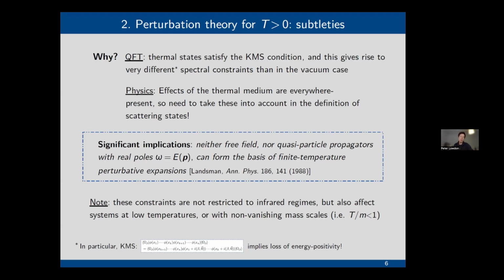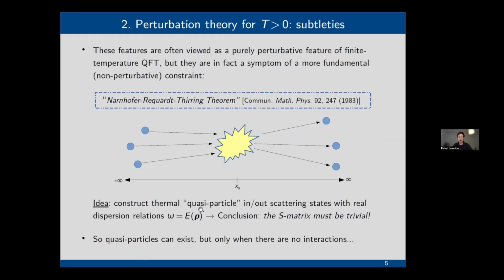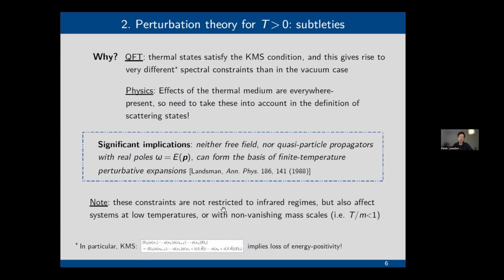You get a width, and that leads to imaginary parts in the singularities of your propagators. So in a sense, the fact that you can't have purely real states with purely real dispersion is because you have temperature in the game, and temperature leads you to singularities that have an imaginary part.